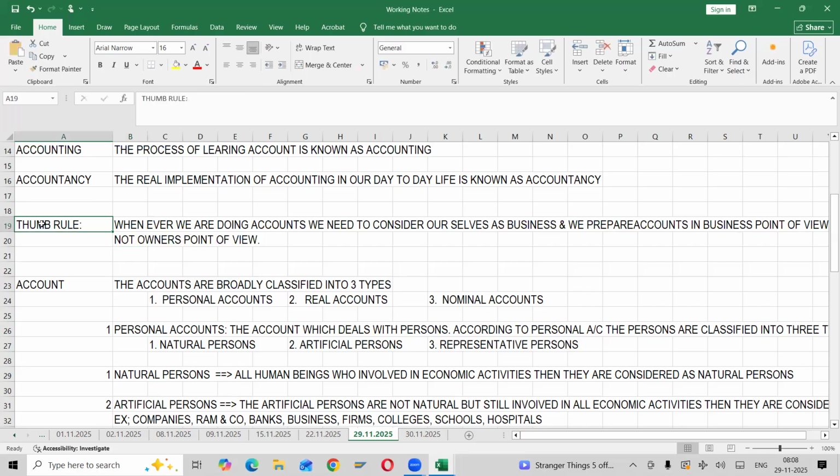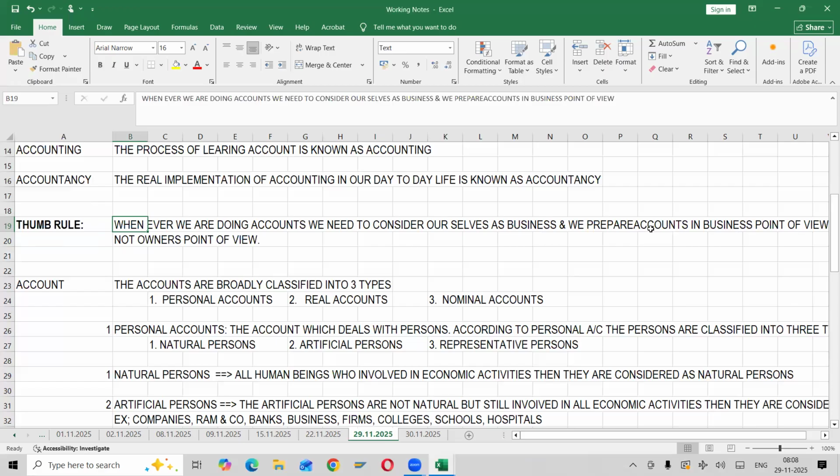Every businessman, if you take Ambani or whoever it is, first they will follow this particular rule. Whenever we are doing accounts, we consider ourselves as a business, and we prepare our accounts from the business point of view, not the owner's point of view.